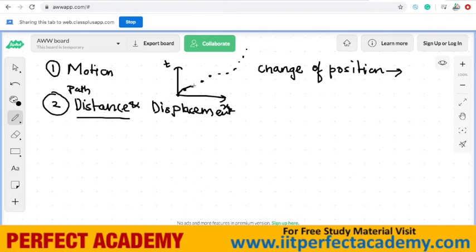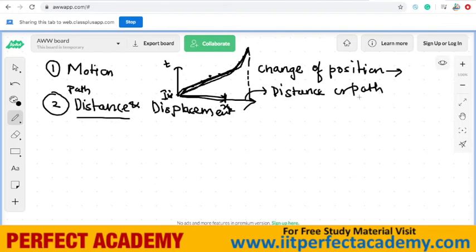The total amount of distance the particle is traveling, when we refer to it, is path distance: the total distance when the particle is traveling from its initial position to final position is considered as distance or path distance. So it's simply a distance.